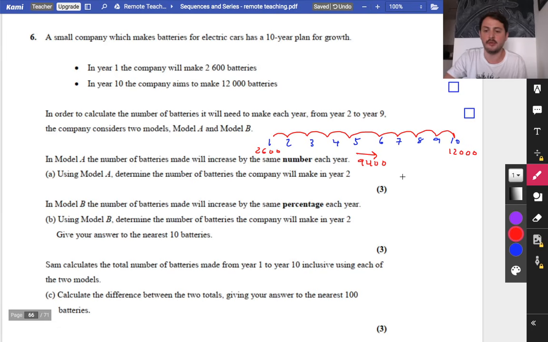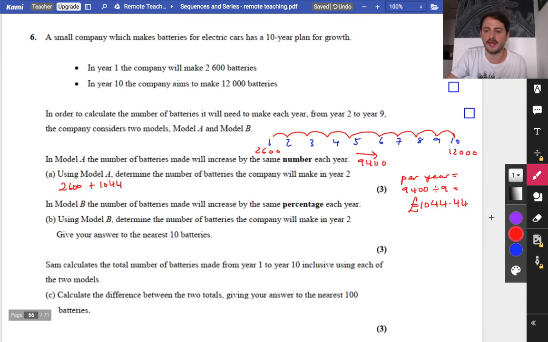So the increment per year will be 9,400 divided by 9, which is 1,044.44.